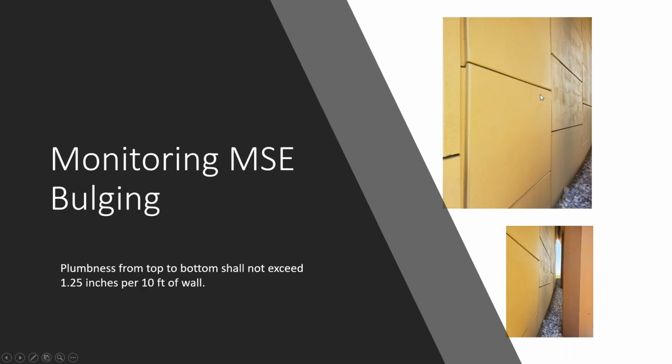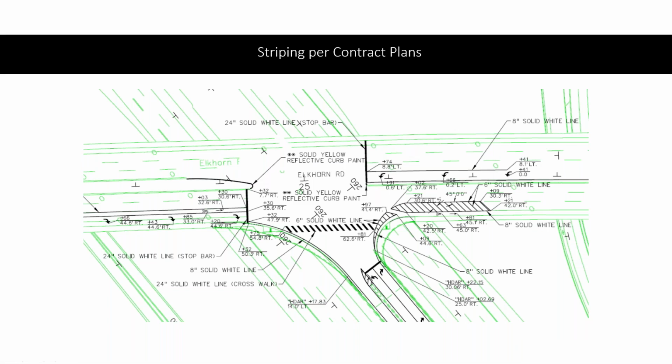There were some issues of bulging of the MSE wall panels, but we are still monitoring this bulging. Related to traffic, here is a view of the striping from the contract plans, but we had to make some improvements to this striping because there were issues with people driving in the wrong direction.